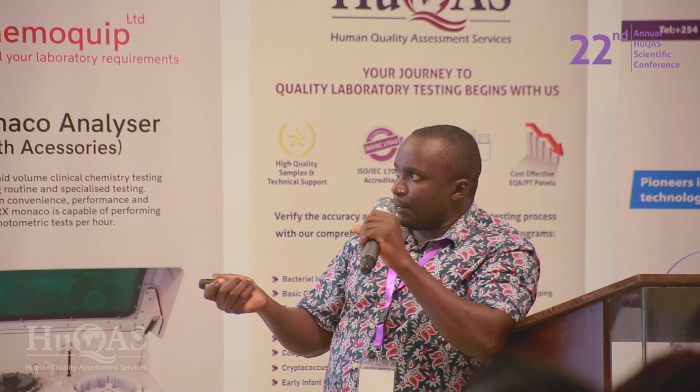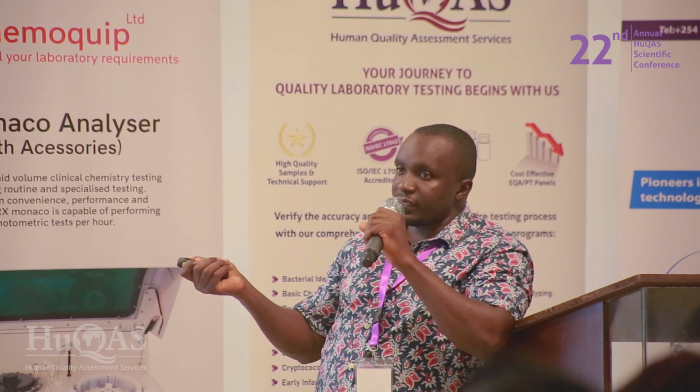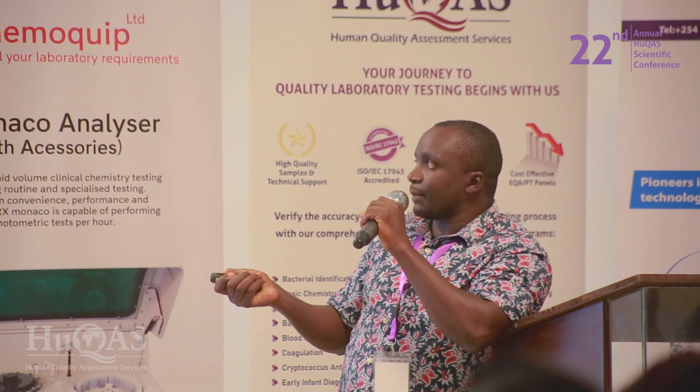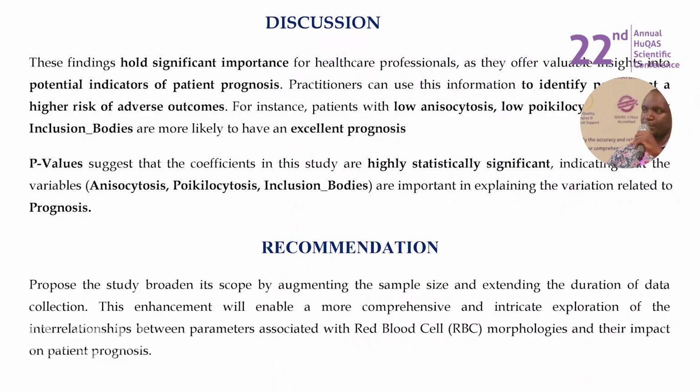The p-values suggest that the coefficients in this study are highly statistically significant, indicating that anisocytosis, poikilocytosis, and inclusion body are important in explaining patient outcome. The recommendation is to scale up this study so that we can get a more vivid image concerning our study.